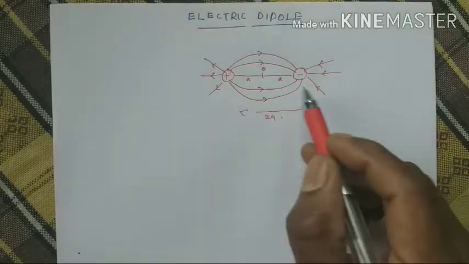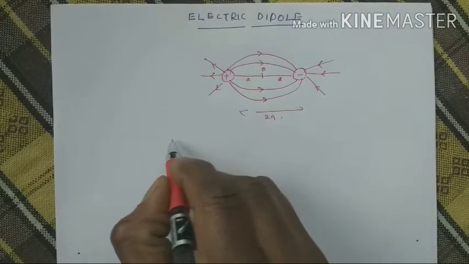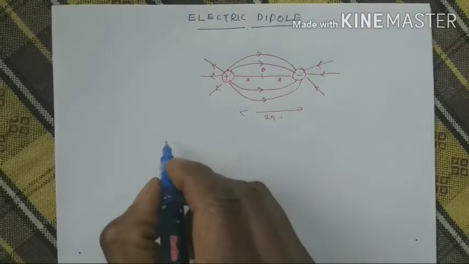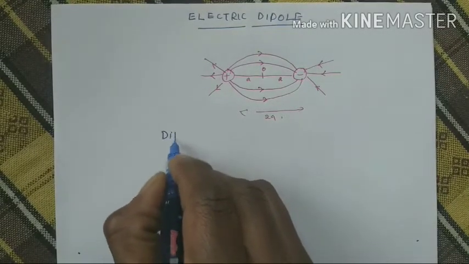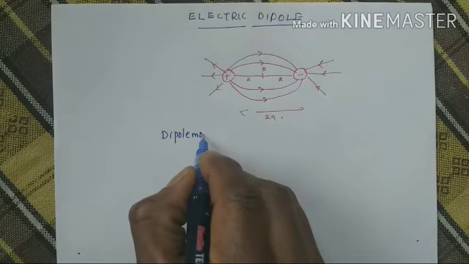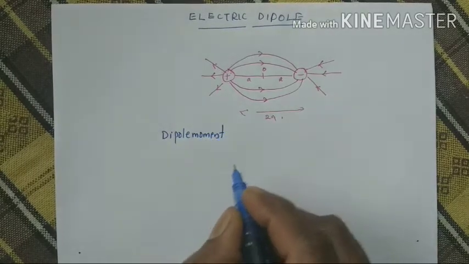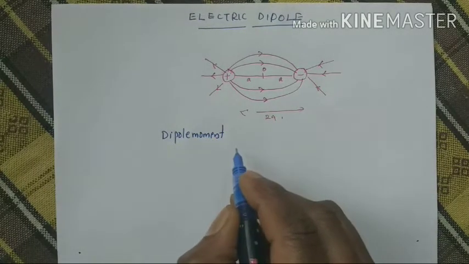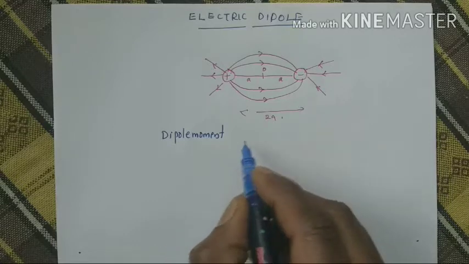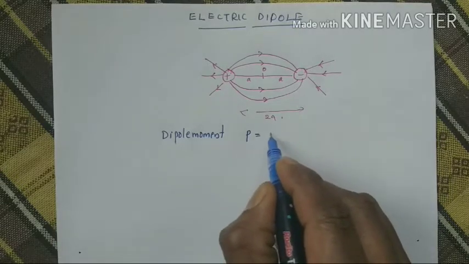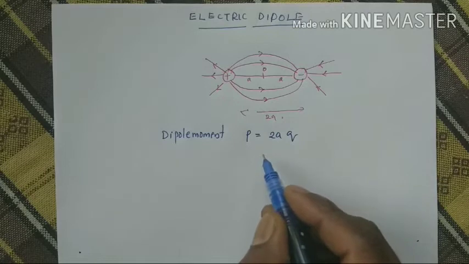Now before deriving the total electric field, we want to see another quantity which is called the dipole moment. Dipole moment is a measure of the strength of the dipole, of how strongly the electric field is converged.